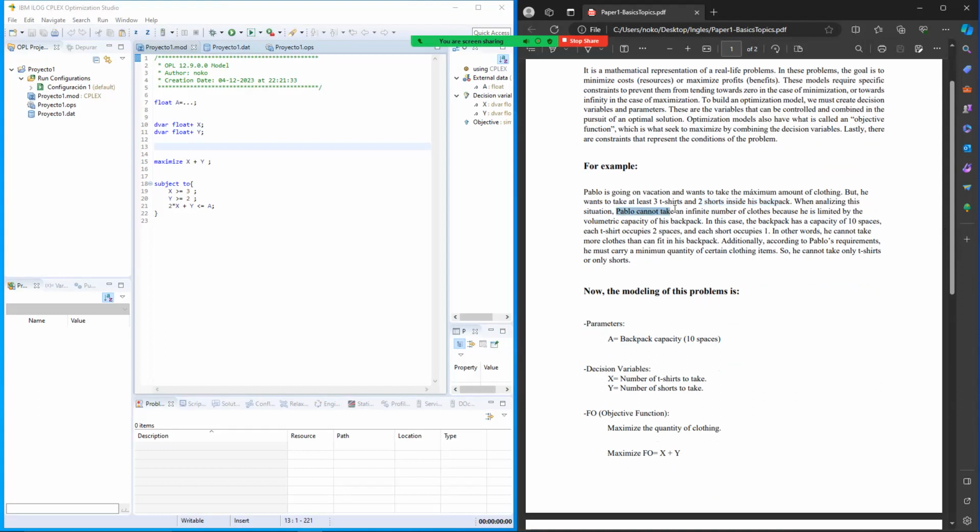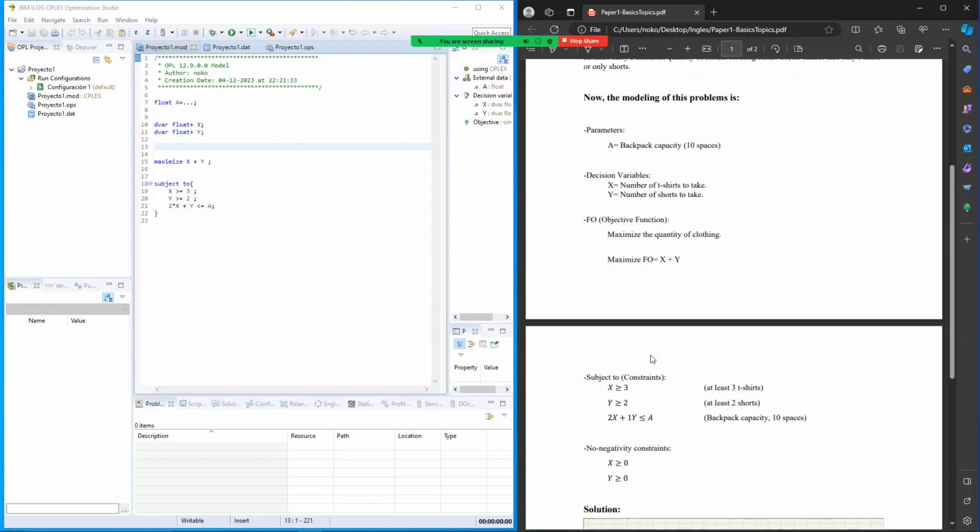Also, Pablo cannot take an infinite number because the backpack has a capacity of 10 spaces, and there is additional information about how much space the t-shirt and the shorts occupy.